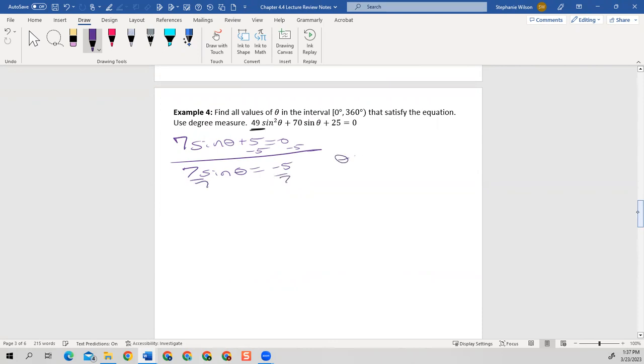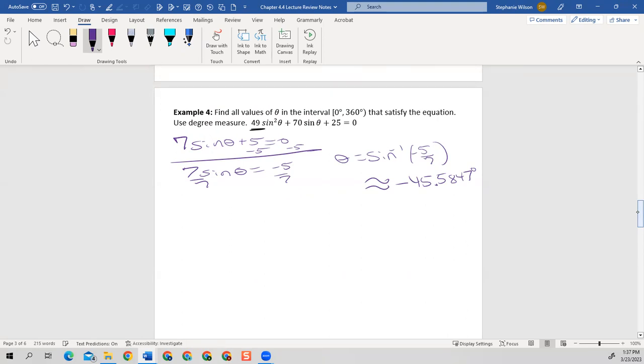So now we got the inverse of sine. It's approximately negative 45.5847 degrees. Okay, now we're caught up, and I apologize. I'm not sure why it's messing up so much.